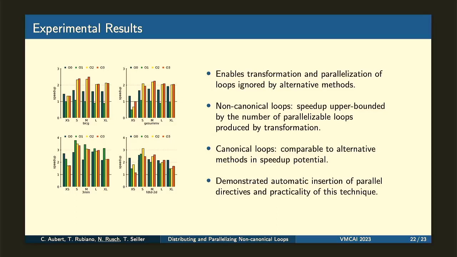Then we measured specifically, I have on the top half results of some of the while loop experiments, because what we found is that the performance of your while loop optimization actually depends on the number of times that you can distribute the loop. And that's a semantic constraint. And then for the for loop, if you are parallelizing those, you get the same kind of performance as you would get with the alternative tool.